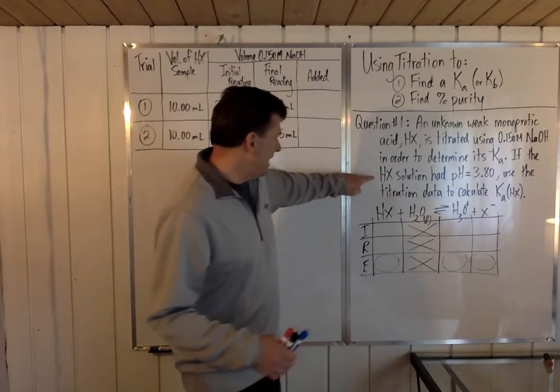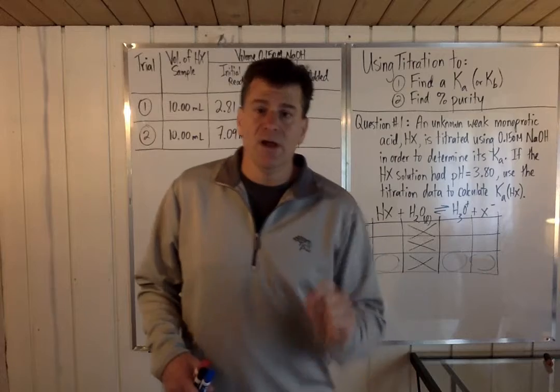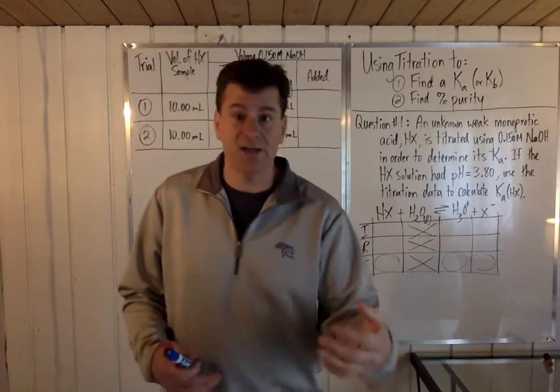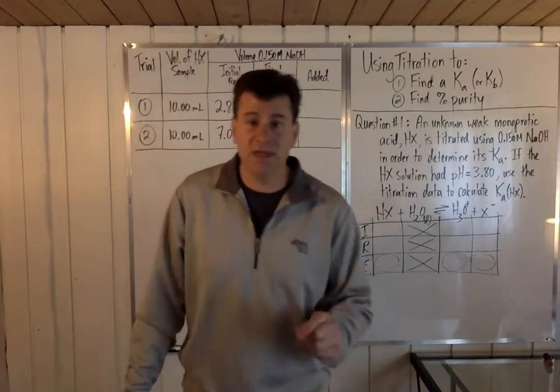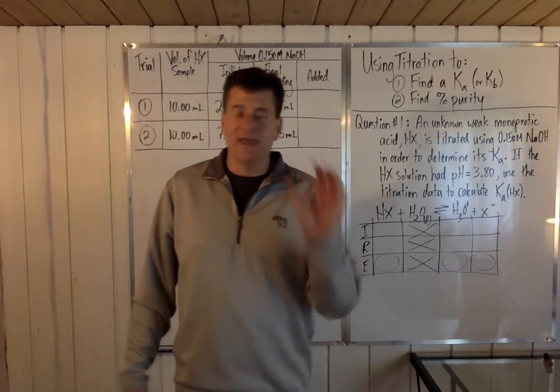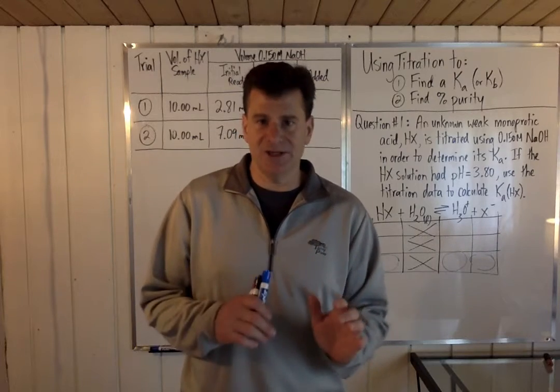I said the solution had a pH of 3.80. I intentionally did not use the word initial, but many times the problem will be stated, the HX solution had an initial pH of 3.80. This is a semantics problem. This is a chronology issue.